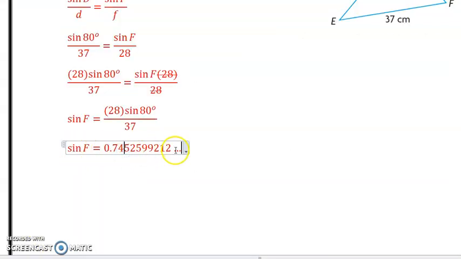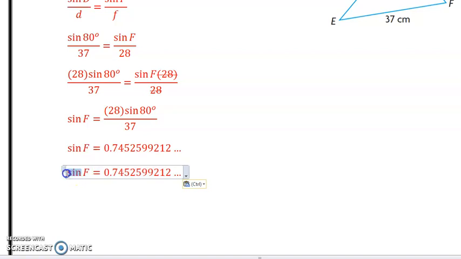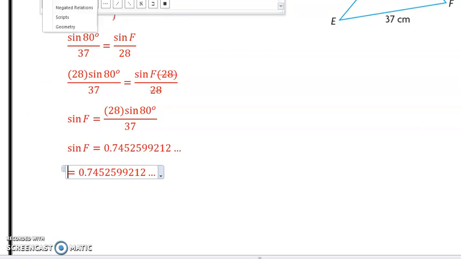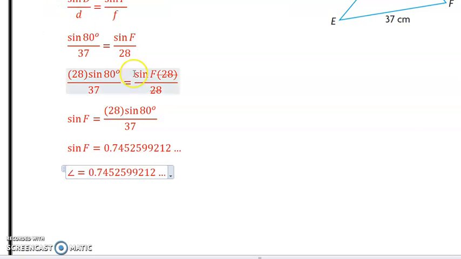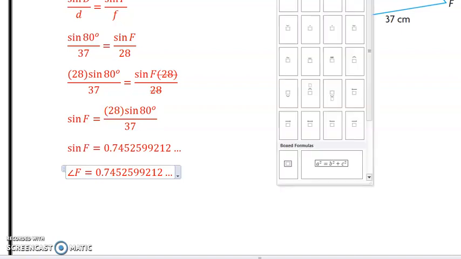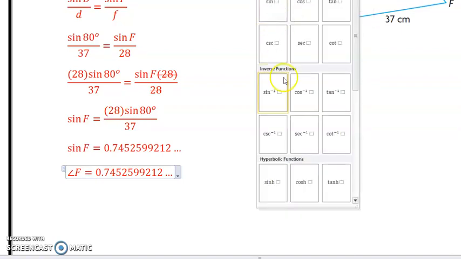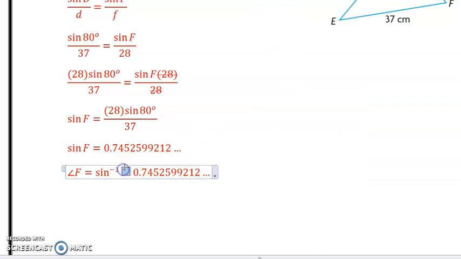So again, like I said, I'm going to leave this in my calculator. And then the last operation, what you're going to do is, you're going to have angle F. Angle F is equal to the inverse sine of this number here.